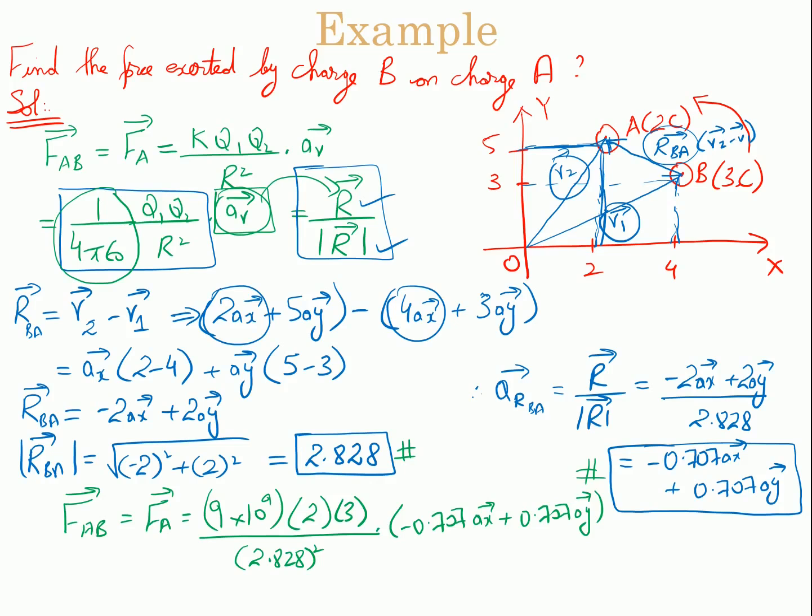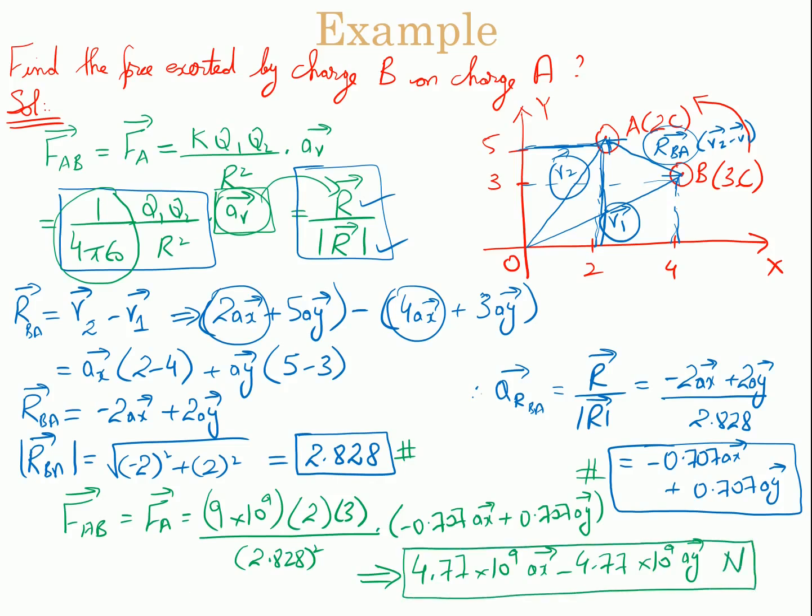So finally the force comes out to be 4.77 into 10 raised to power 9 a of x minus 4.77 into 10 raised to power 9 a of y newtons. So this is the answer, or this is the force being applied by charge B onto charge A.